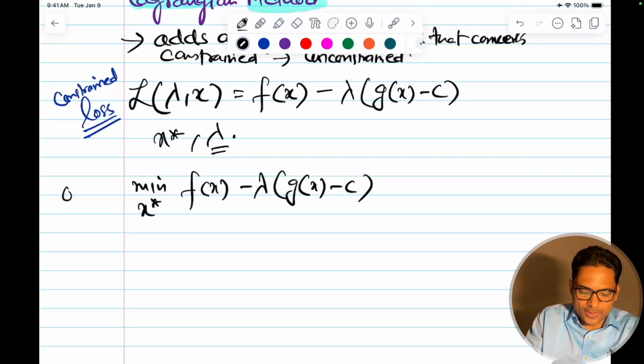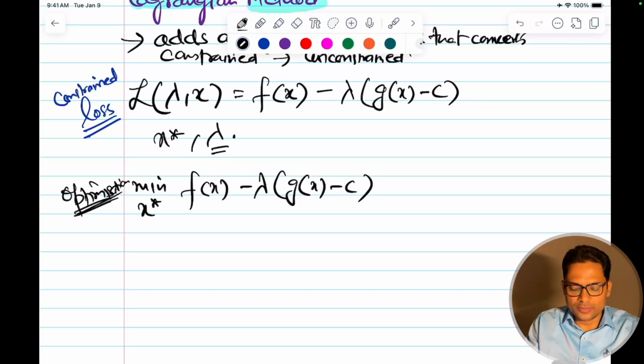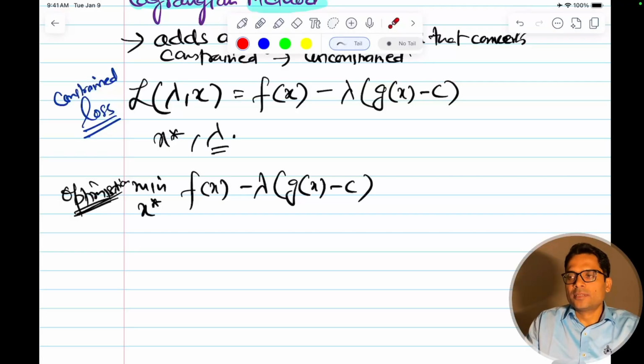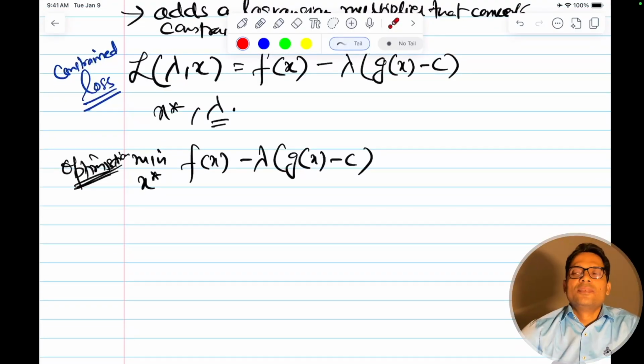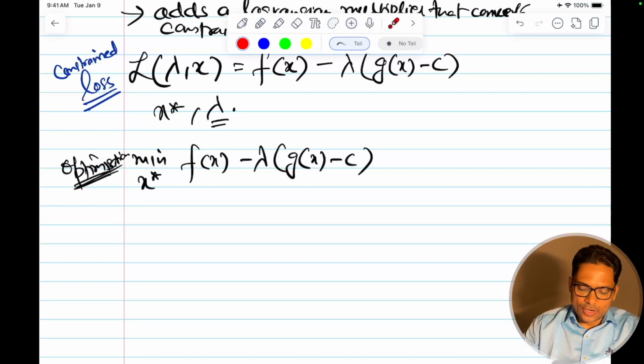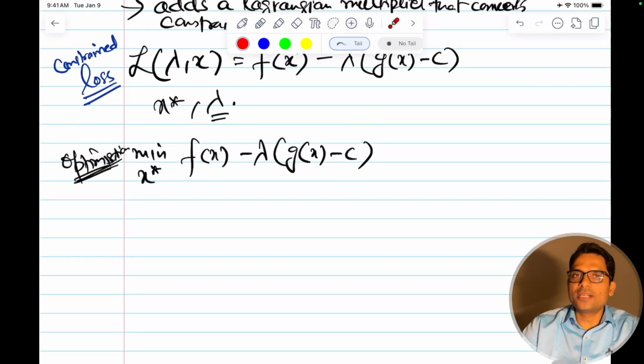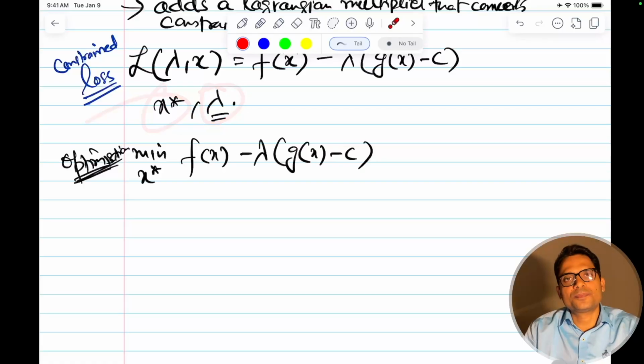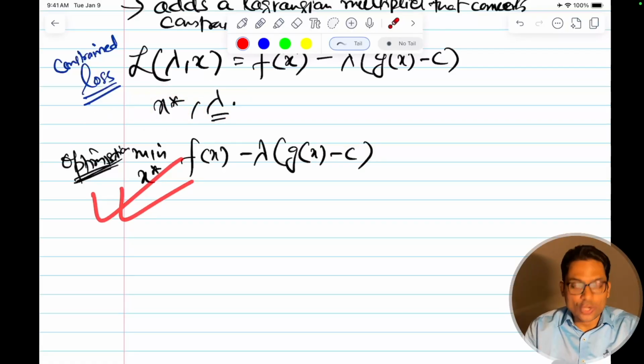This is your new optimization problem. By solving this, we will get the x star. And how will we solve this? We will have to differentiate it with respect to both lambda and x star. I hope this makes sense.